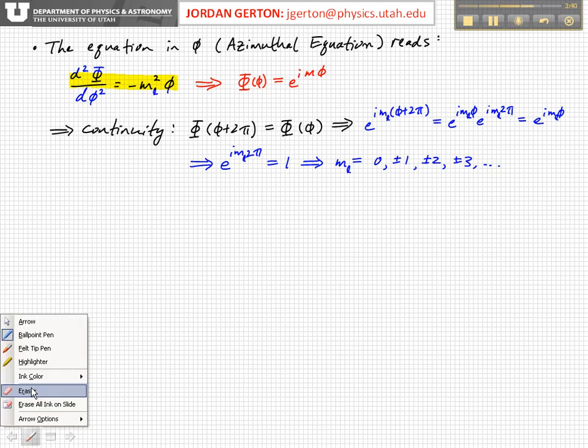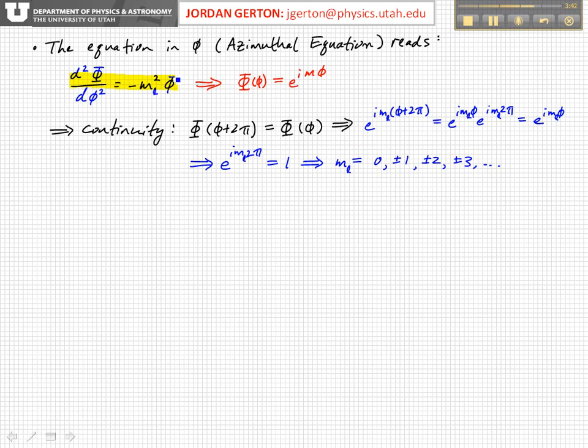We have the second derivative equal to the function itself. I should make sure to say that this is big phi. The second derivative of the function big phi with respect to the variable phi is equal to some constant times the function right back.